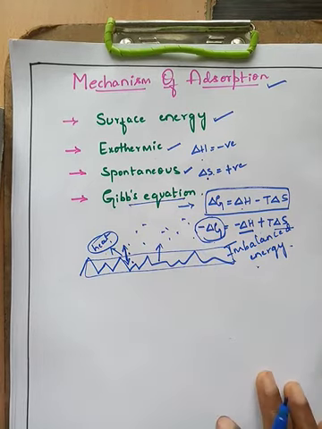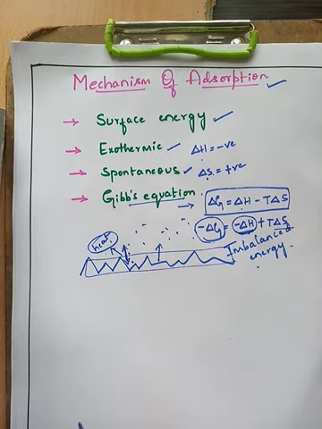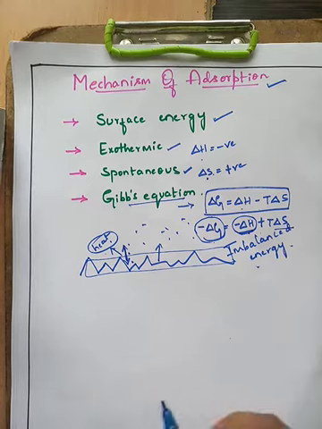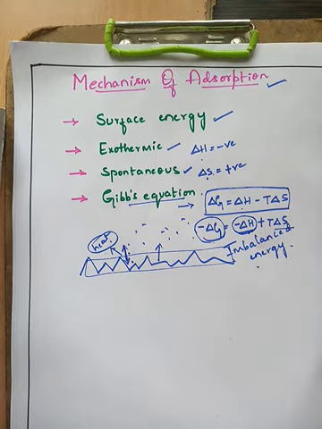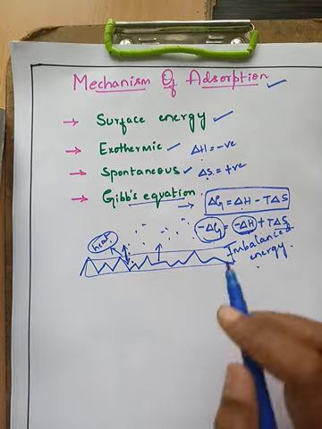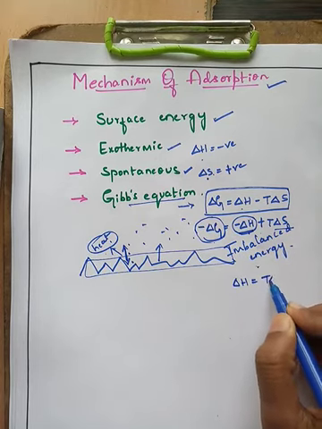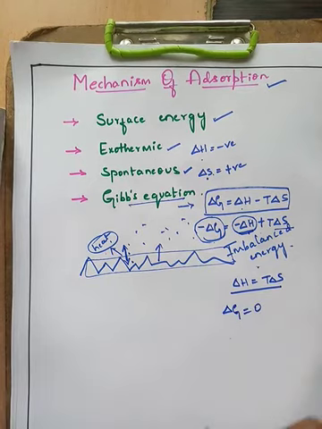At a particular time, what happens? The enthalpy change becomes more and more negative, and delta S becomes higher and higher, that is spontaneous, in order to reach lower energy. At a particular time, delta H becomes equal to T delta S. Then the delta G value becomes 0.